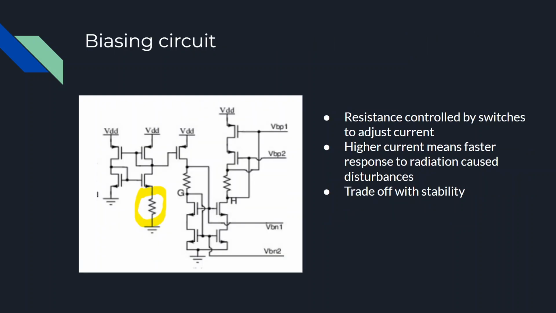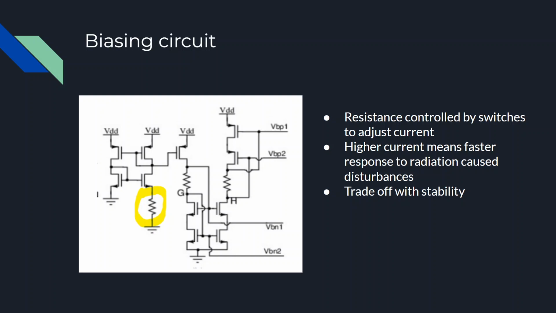So this is the biasing circuit used by us in our project, where the highlighted resistance can be varied using various digital signals or switches which add or remove resistors in parallel and hence control the current flowing into the charge pump.